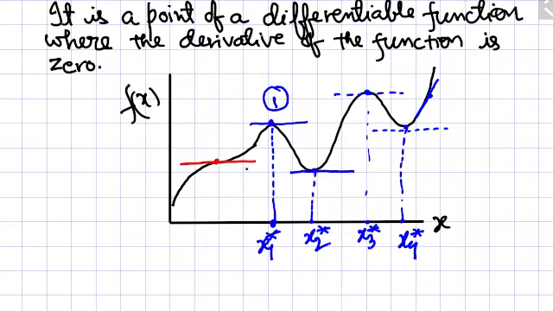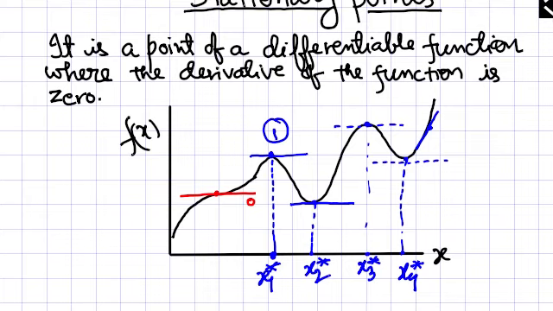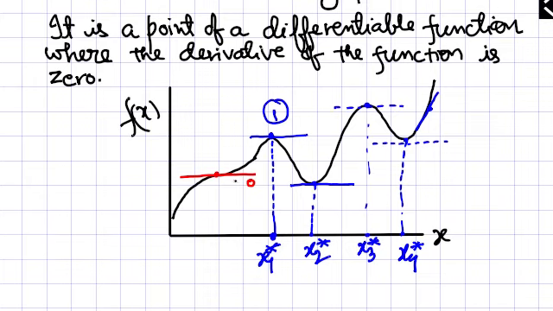Here also you will find the slope will be 0. So according to the definition, where the derivative of the function is 0, if you find the derivative here, it will be equal to 0.